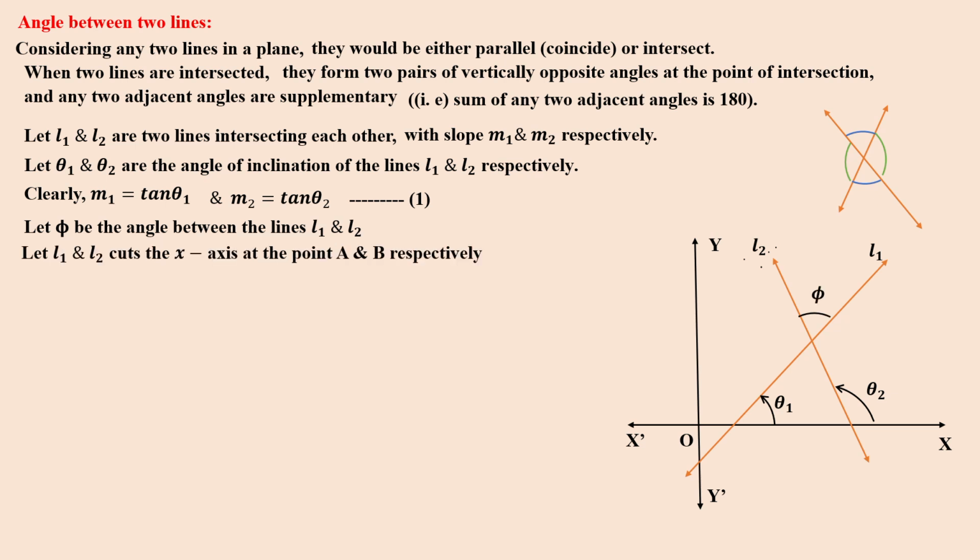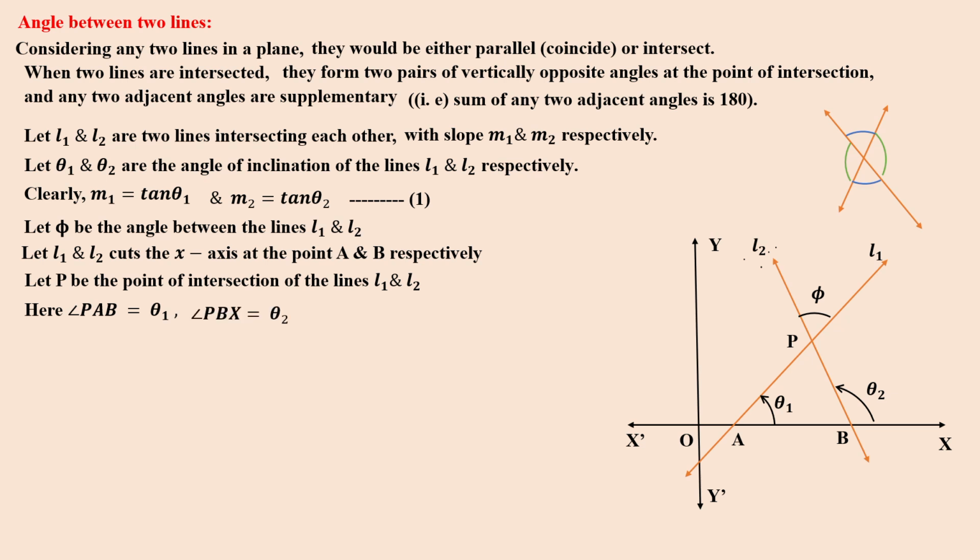Let L1 and L2 cut the x-axis at the points A and B respectively. So L1 cuts the x-axis at the point A and L2 cuts the x-axis at the point B. Let P be the point of intersection of the lines L1 and L2. So the point of intersection of L1 and L2 is P. Here angle PAB is equal to theta 1, correct?